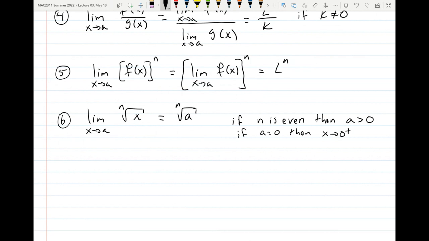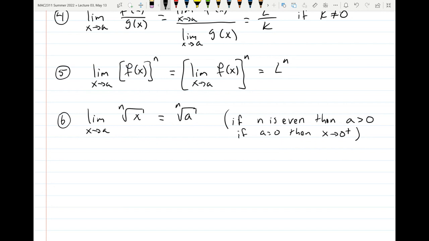This is just because of the domain of the function, because when the index is even, like the square root or the fourth root, that function is not defined for negative values. So it doesn't make sense to compute the limit as x approaches -3, for example. And if you want to approach 0, you can only do it from the right, because there is nothing to the left of 0 that's in the domain of that function. So that's just a little remark here, a technicality for problem number 6.